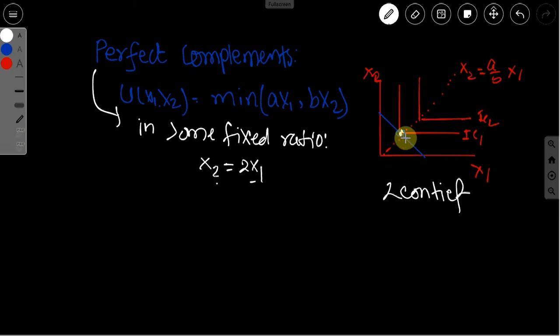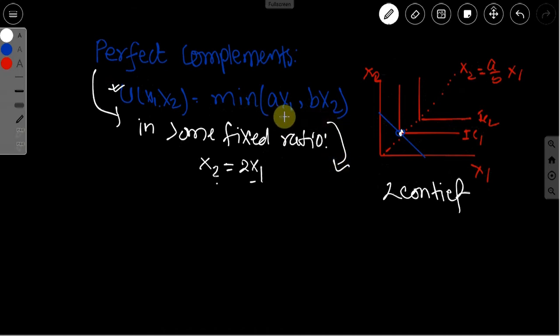So here we utilize the fact that along this ray, the ratio between x2 and x1 is always the same. So that is, in this case, the utility function, for example, is given as minimum of ax1, bx2.